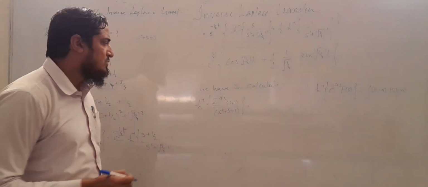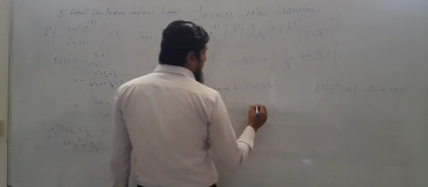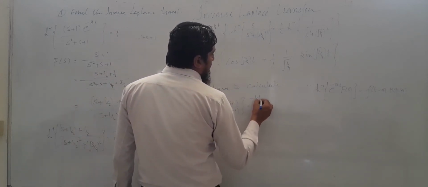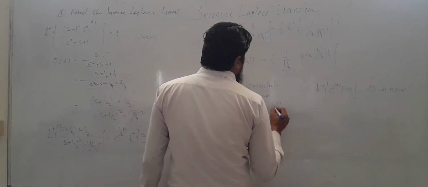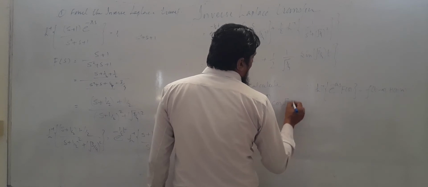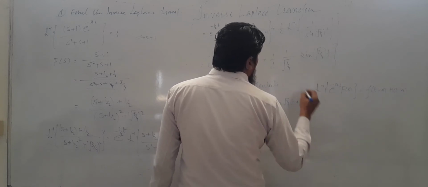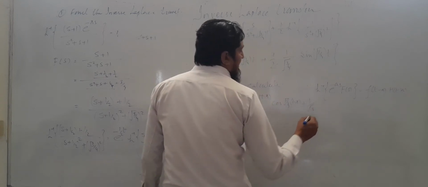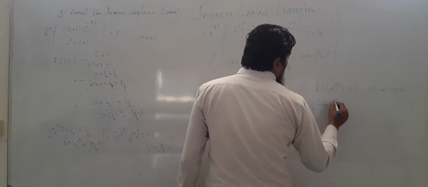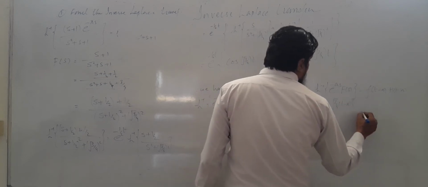Correct? So we can use here e raised to minus 1 by 2 (t minus 5) cos root 3 by 2 (t minus 5) plus 1 by 2, or we can say 1 by root 3, sine root 3 by 2 (t minus 5), and it is the required answer for this example.